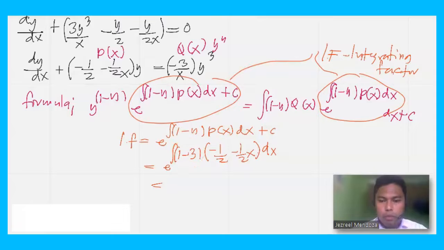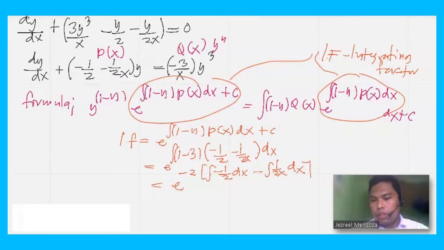This will become e to the negative 2 times the integral of negative 1/2 dx, minus the integral of 1 over 2x dx, and then plus c.